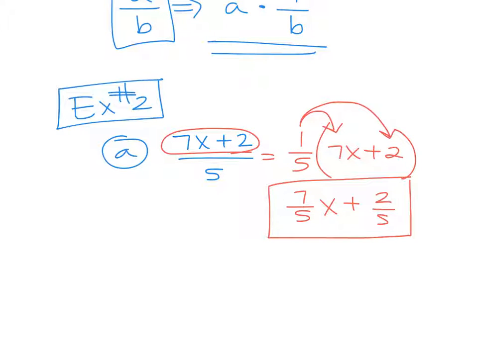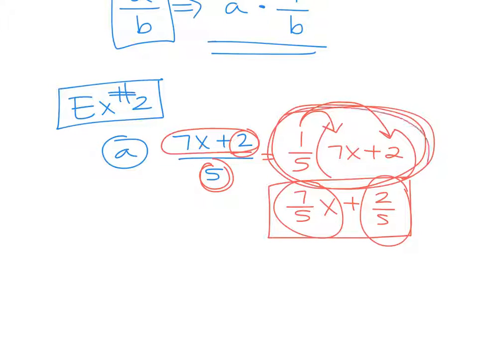Now look at what we started with. You have 7x over 5, and 2 over 5. So I don't even necessarily need to see this part of it. If you want to just break it into 2 separate fractions right off the bat, you can. Let me show you what I mean by that.